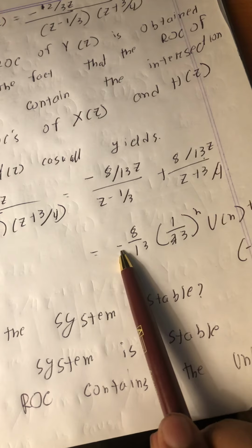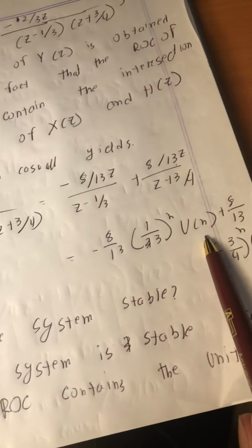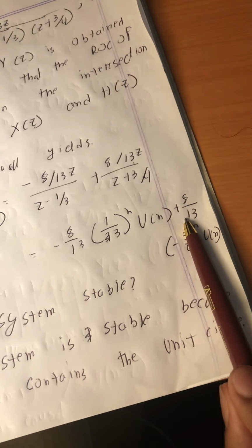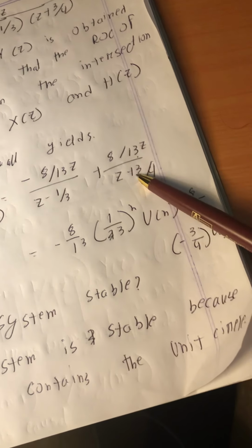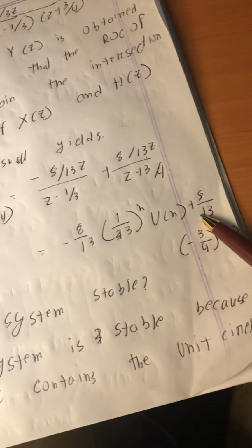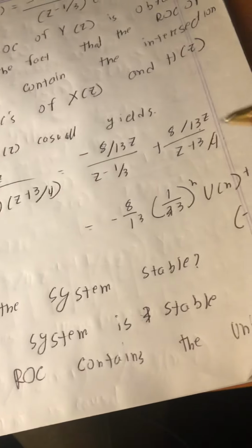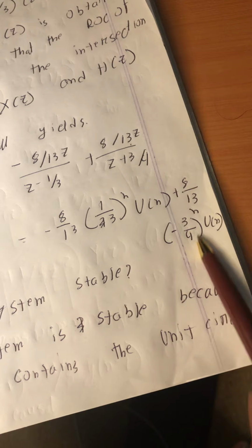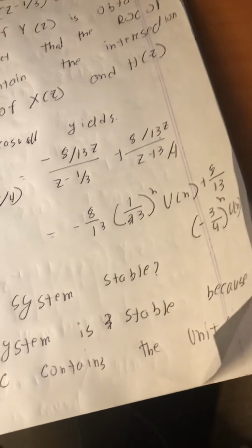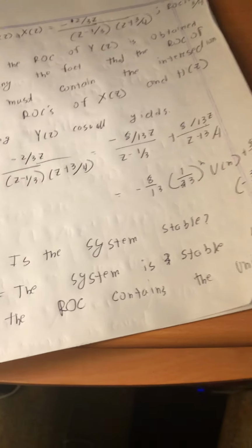Plus 8/3 will come out, and we'll have negative 3/4, because this is positive. So we write that as 8/3 times negative 3/4 to the power of n times u[n]. So we have y[n], the output.